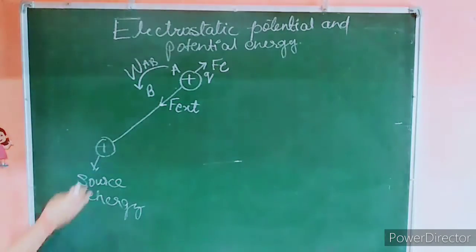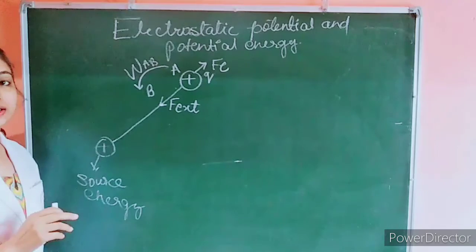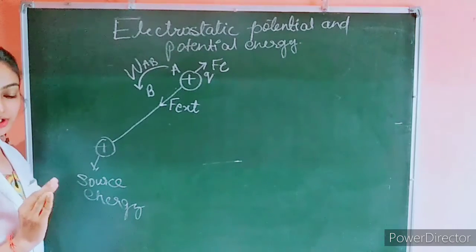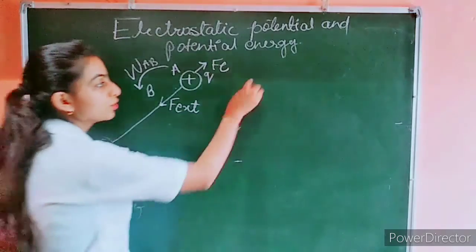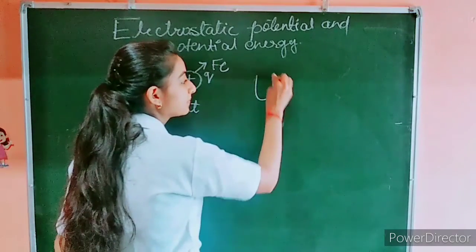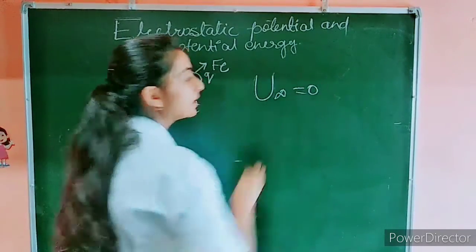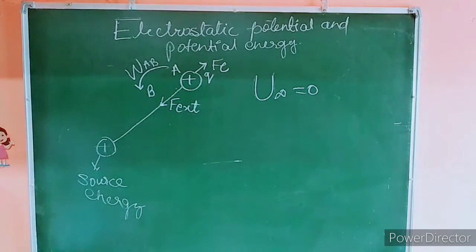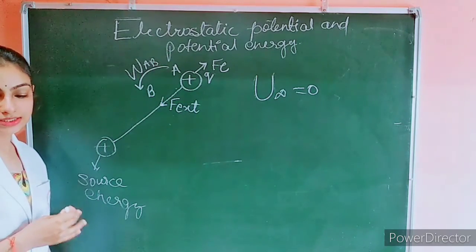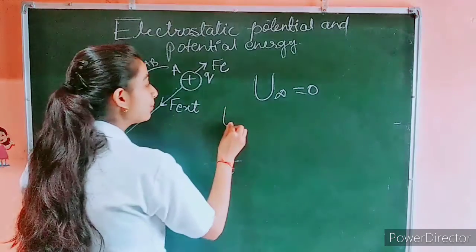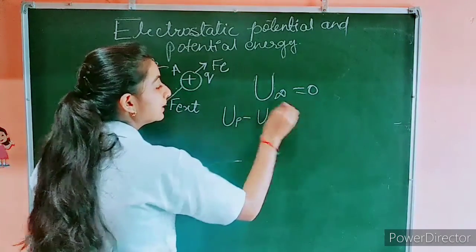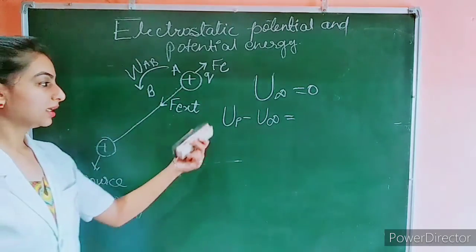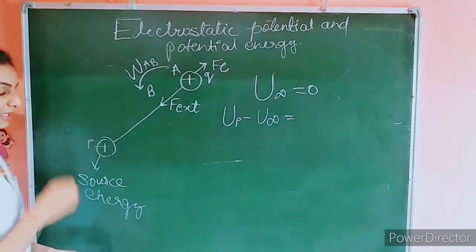Now if this point is at infinity, then at infinity the potential is 0. So U infinity will be 0, because at infinity the potential is 0. So at point P, the potential energy, we are considering point P here.